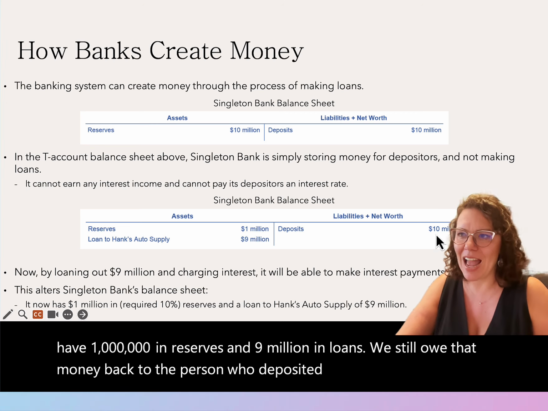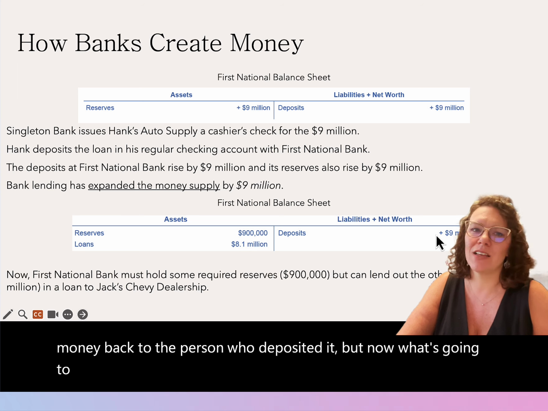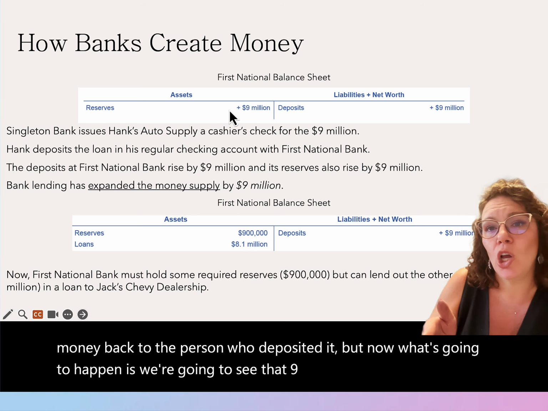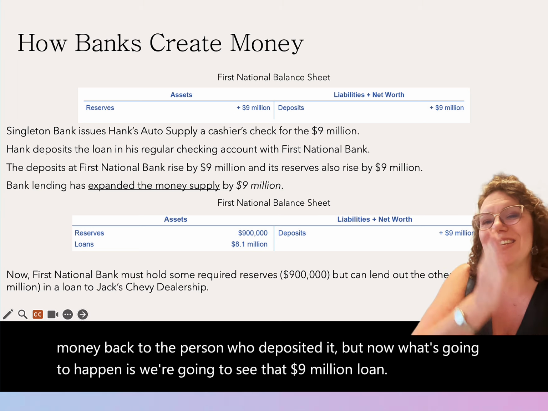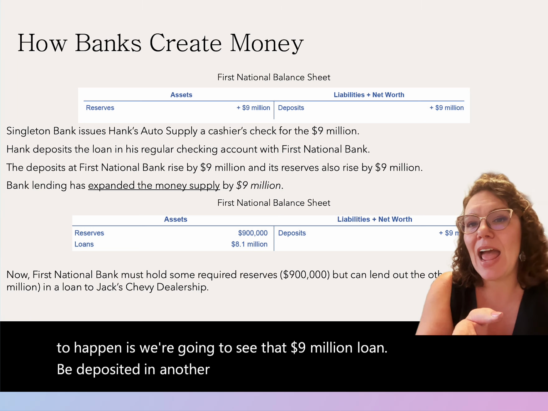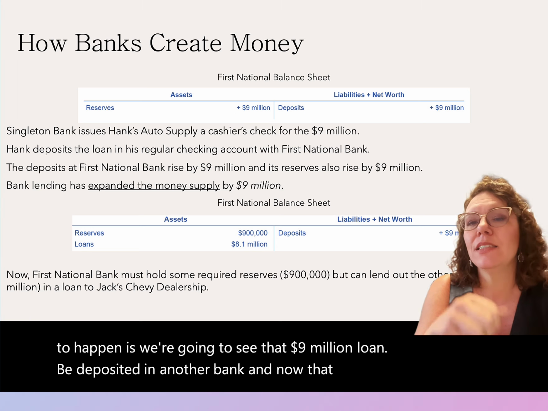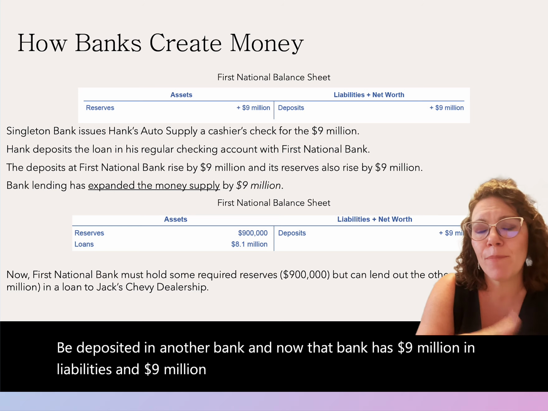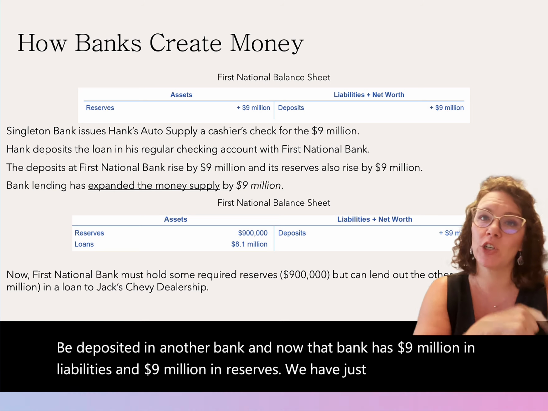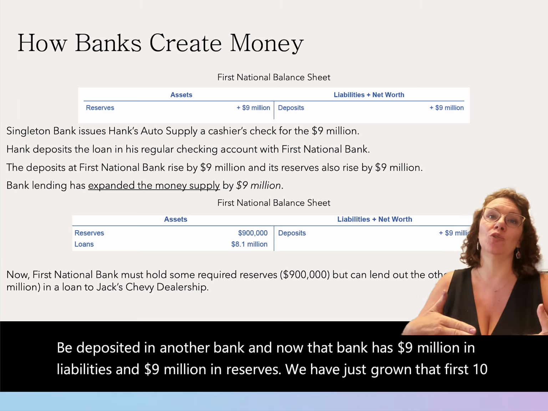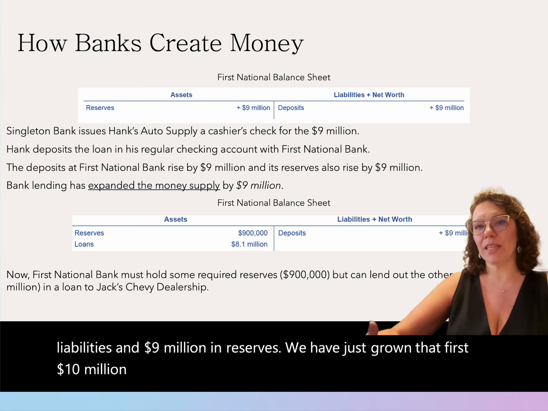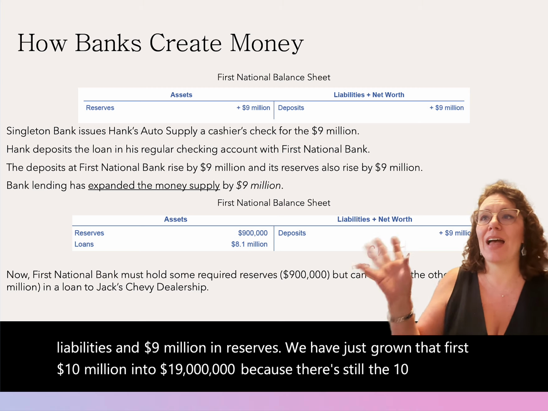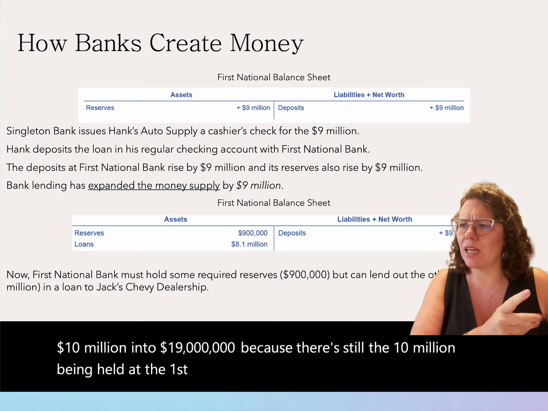But now what's going to happen is we're going to see that $9 million loan be deposited in another bank. And now that bank has $9 million in liabilities and $9 million in reserves. We have just grown that first $10 million into $19 million because there's still the $10 million being held at the first bank at Singleton Bank.